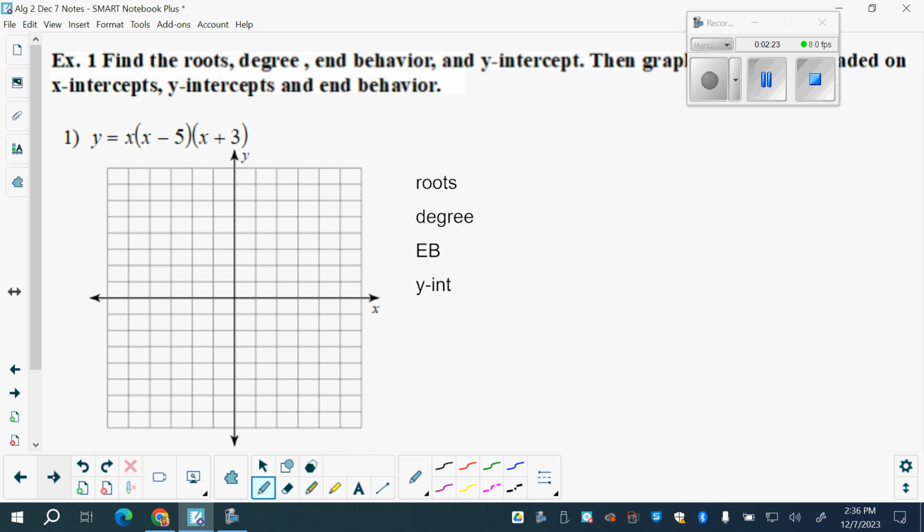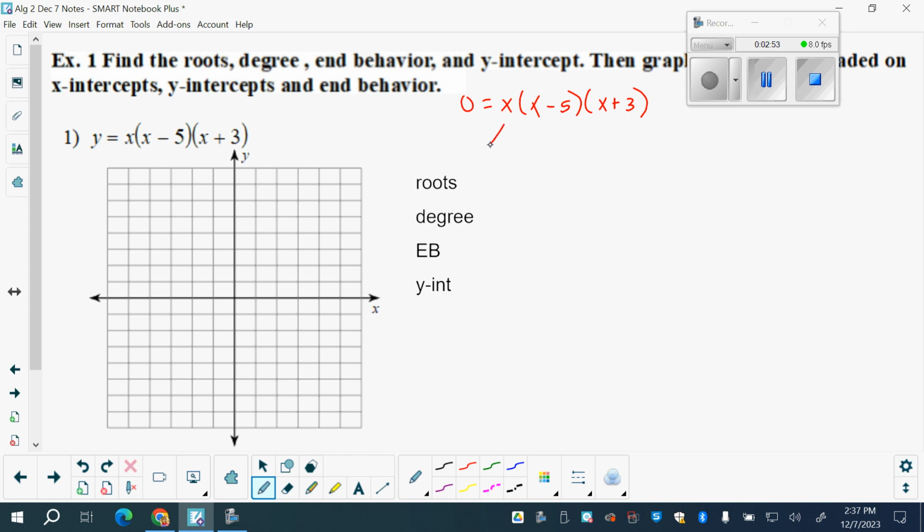When we say roots, what part of the graph is it? The zeros, which are where they cross the x-axis, and that y value would always be 0. So we set 0 equal to x times x minus 5 times x plus 3. Does that make sense? So what would we do next then to solve it? Zero product property.